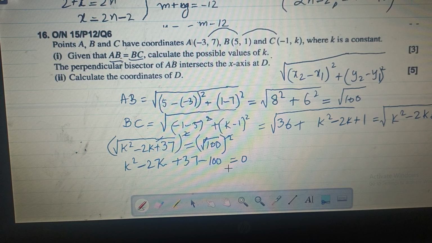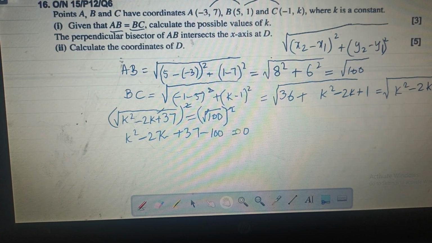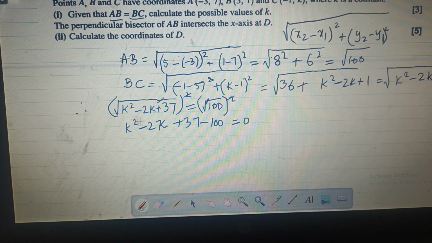Okay. Now if I subtract minus 100 plus 37, I can simplify it into algebraic form: k squared minus 2k minus 63 equals 0.